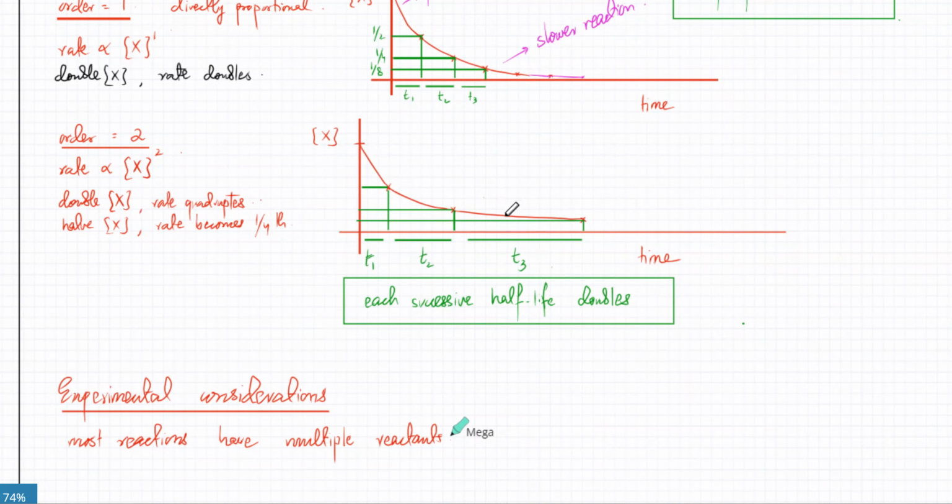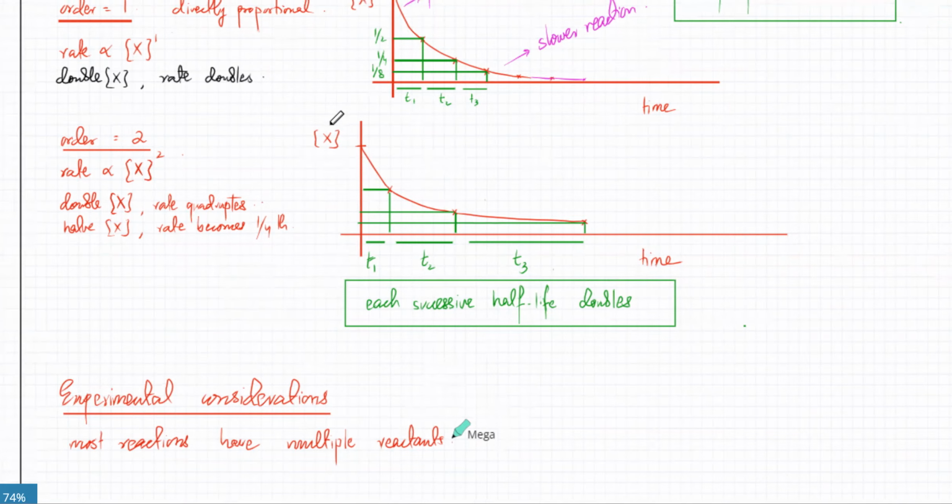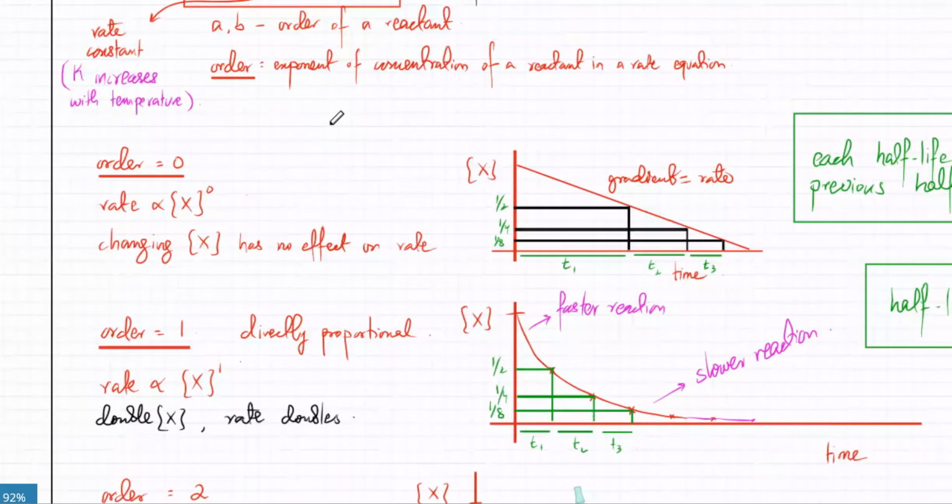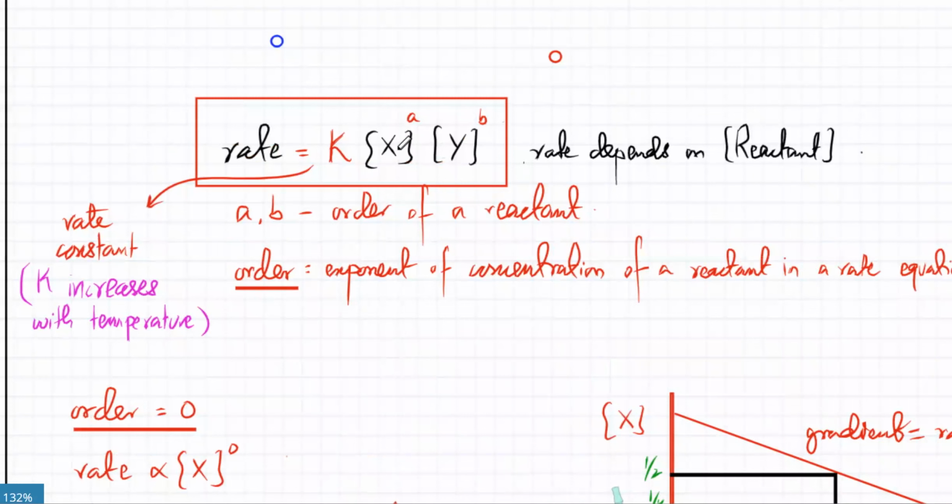But the whole issue is, is the rate decreasing because of the concentration of X, or because some other reactant is also decreasing? Like over here, initially, what did we write? That rate was dependent on the concentration of X, but at the same time, it was also dependent on the concentration of Y as well. Maybe the rate is affected by the other reactant, not by this X. So how do you ensure that?